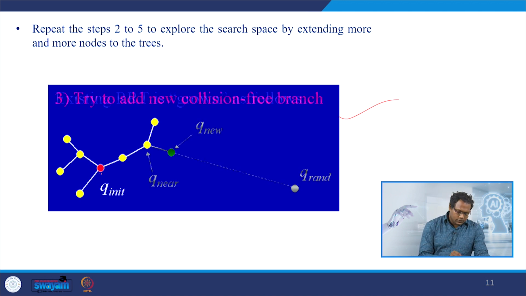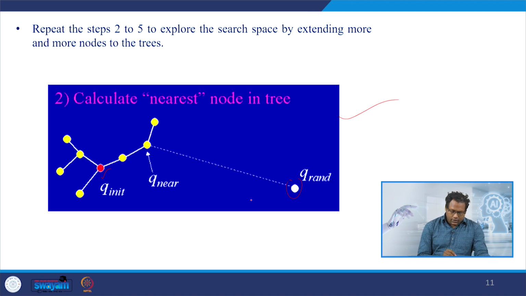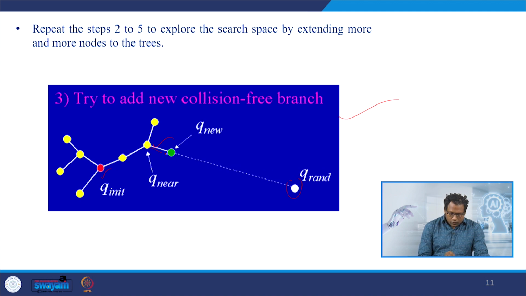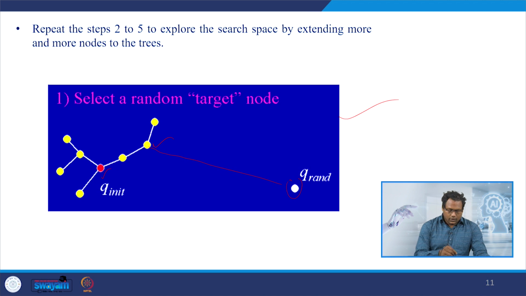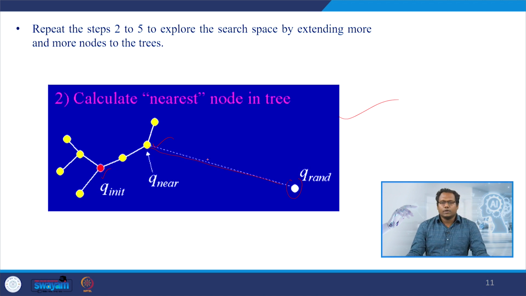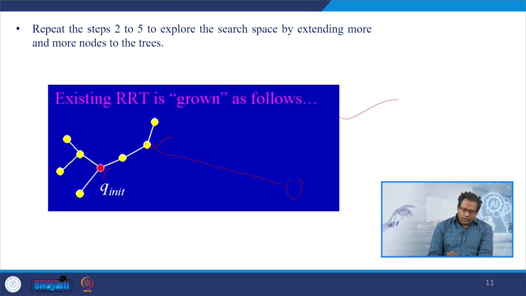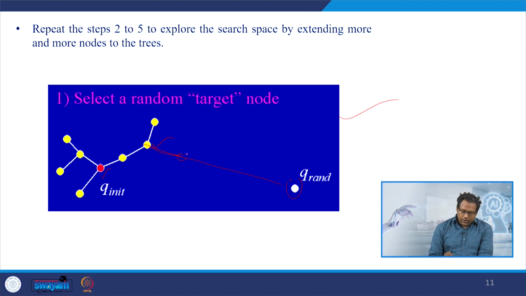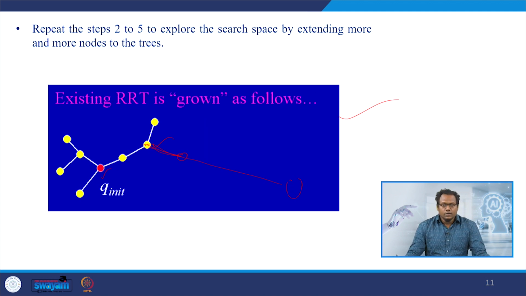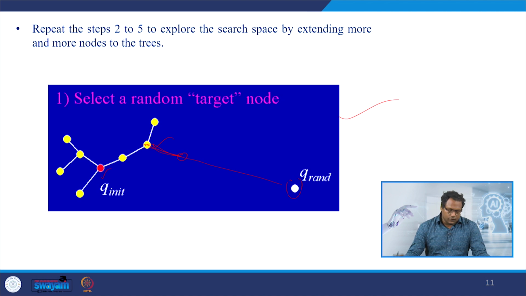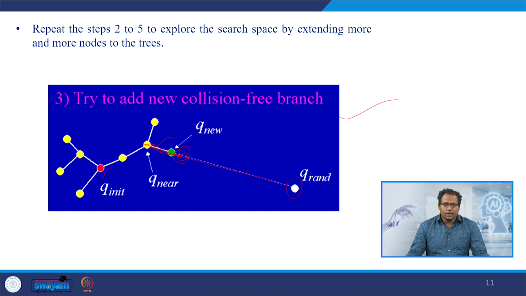Let us say that this is the initial node and we found a random node and nearest node is this one. So, move towards the nearest node as long as the path is free from obstacles. Till that you continue. Then it becomes the vertex and edge of the tree. Now, with this new node, the tree is extended incrementally.